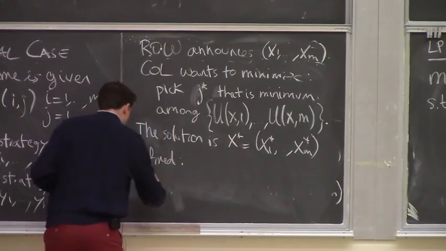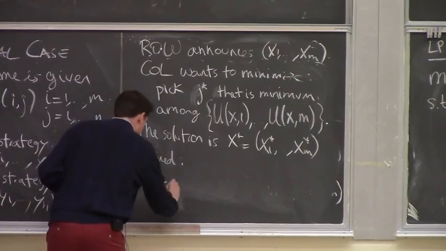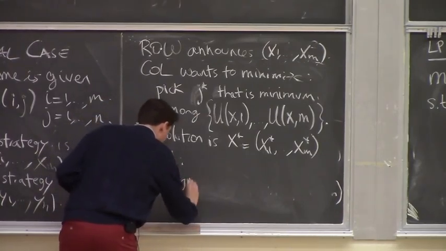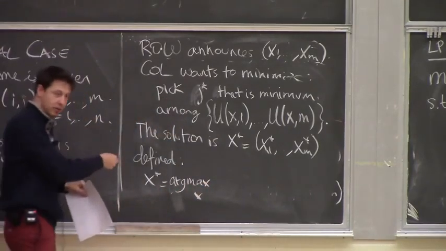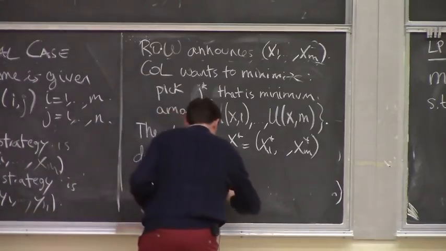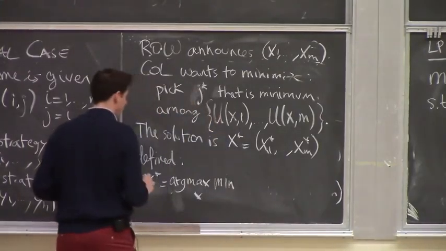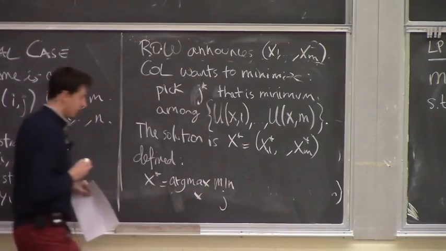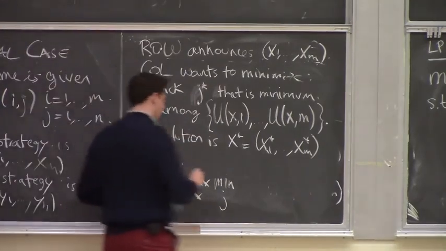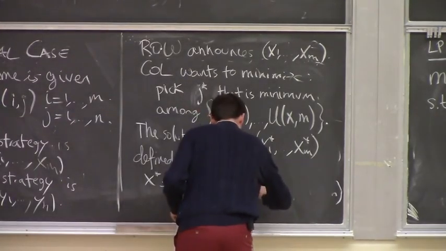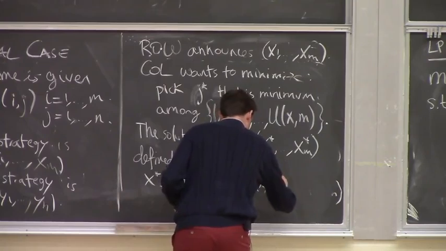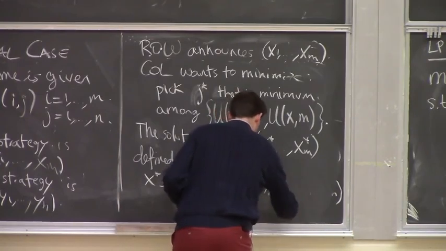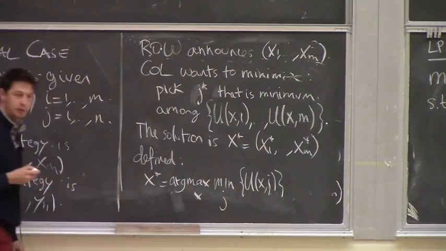So x star is the arg max over x, whatever maximizes things over x, of the minimum over j of this thing that I wrote up here, u(x, j).